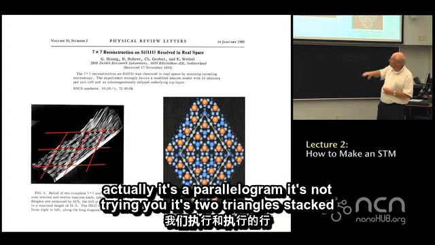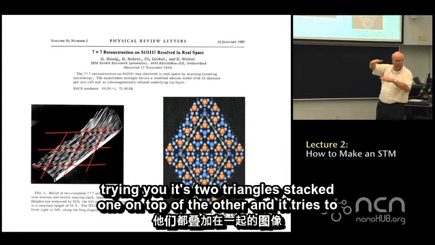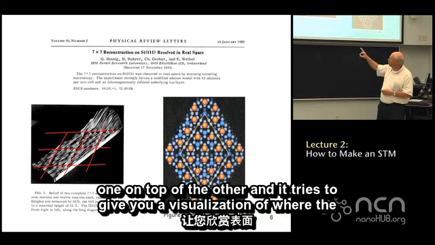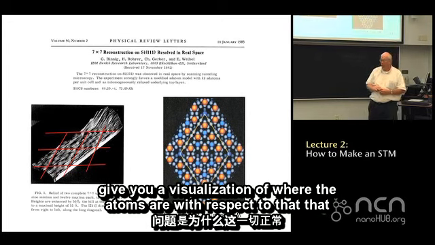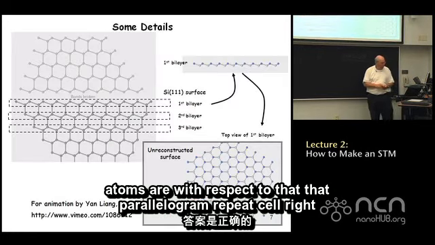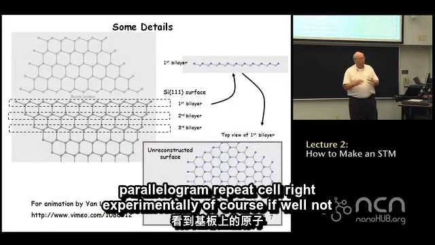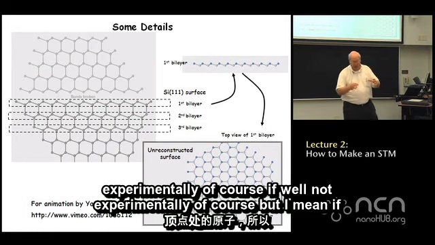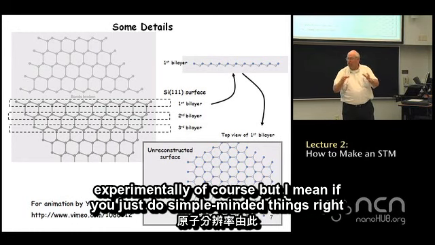It's not triangular, it's two triangles stacked one on top of the other. Right? It tries to give you a visualization of where the atoms are with respect to that parallelogram repeat cell, right?